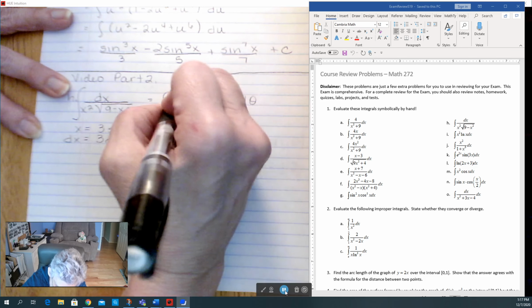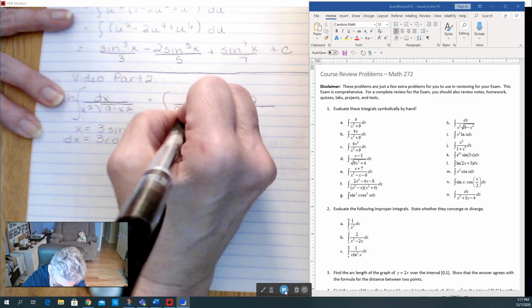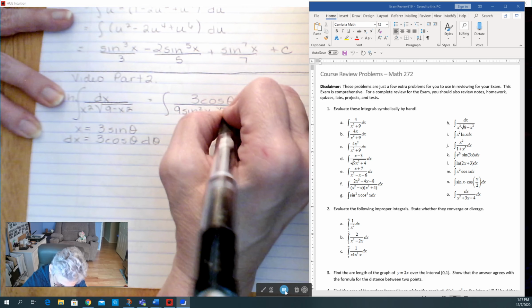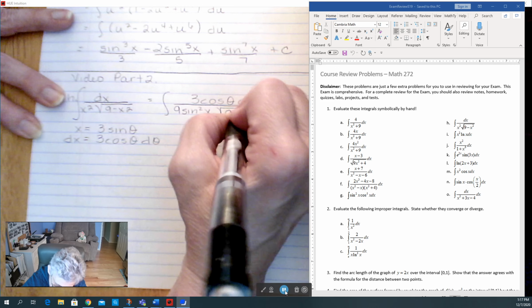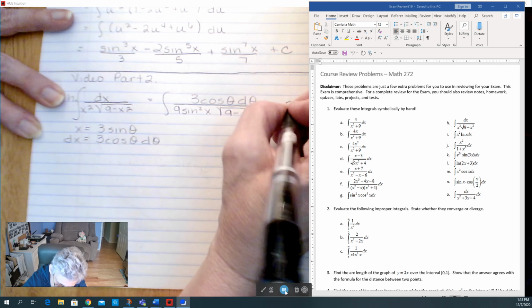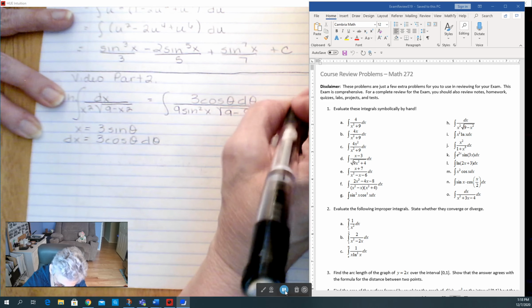Instead of x squared, I have 9 sine squared theta. And then under the radical, I have 9 minus 9 sine squared theta. And yes, that should be a theta, not an x.